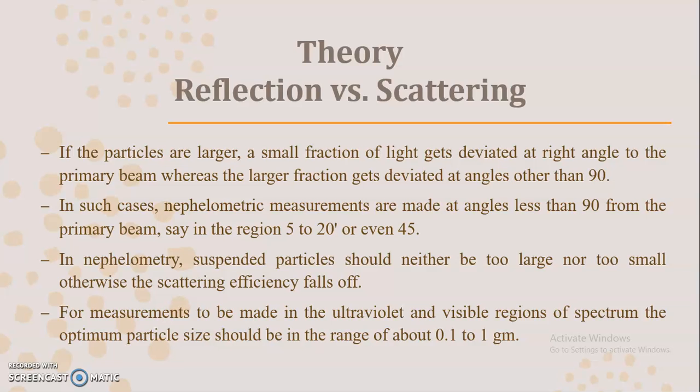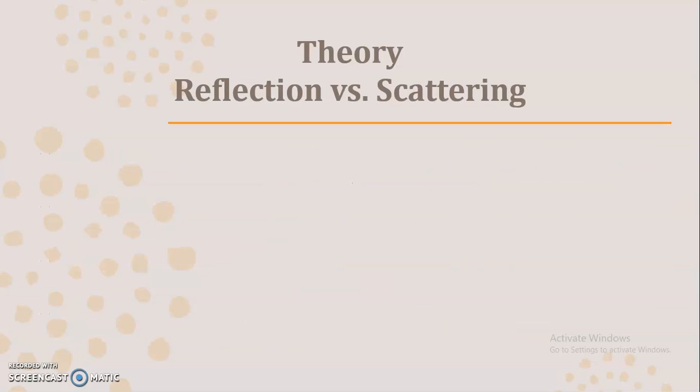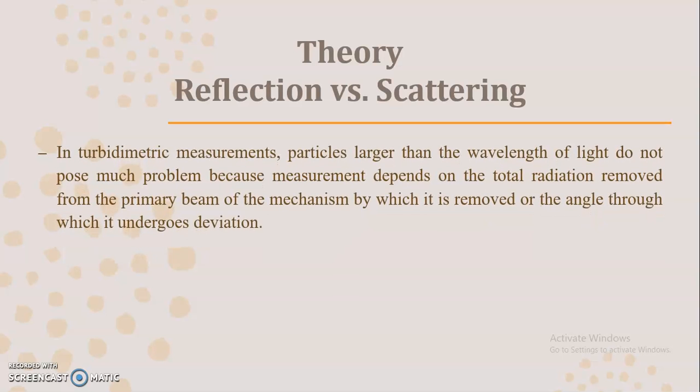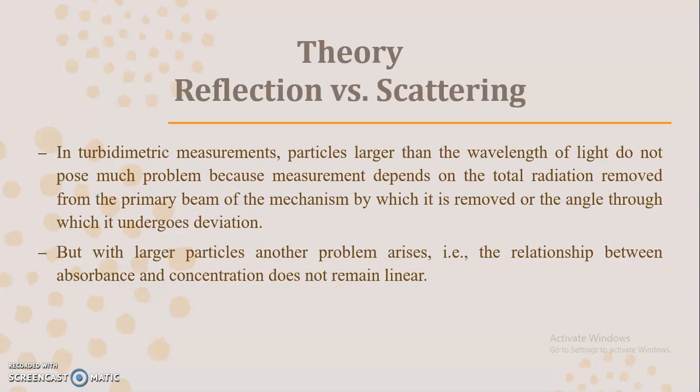Now we will see the theory involved in Turbidimetry. In Turbidimetric measurements, particles which are larger compared to the wavelength of the light do not pose much problem, because measurement depends upon the total radiation removed from the primary beam, regardless of the mechanism by which it is removed or the angle through which it is deviated. But with larger particles, another problem arises: the relationship between absorbance and concentration does not remain linear.